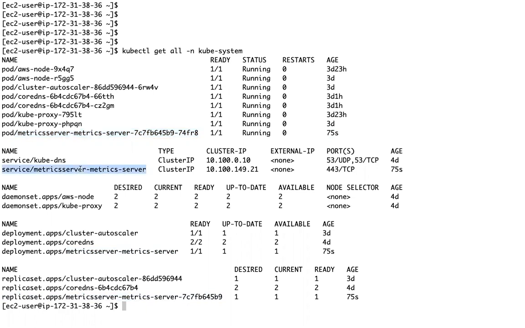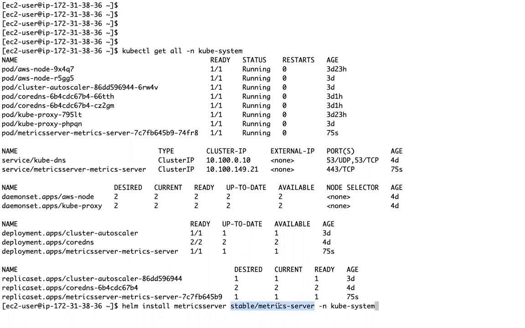How did it get deployed? We used the Helm chart. Basically, the chart contains all the manifest files which are required to deploy this application. I just executed helm install metric server, the chart name.